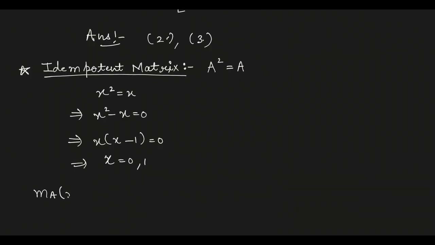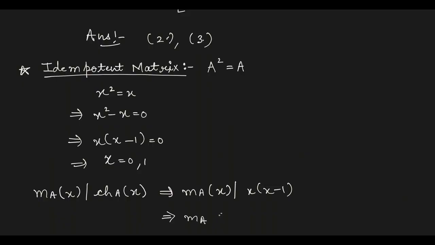Now the minimal polynomial divides the characteristic polynomial. So the minimal polynomial can be x, x minus 1, or x into x minus 1, because it must contain at least one factor for each eigenvalue.